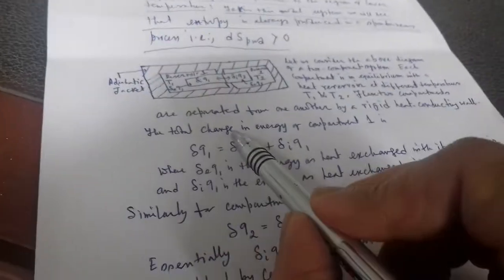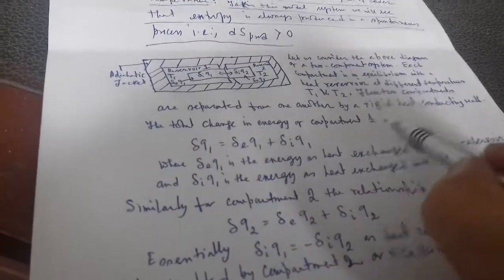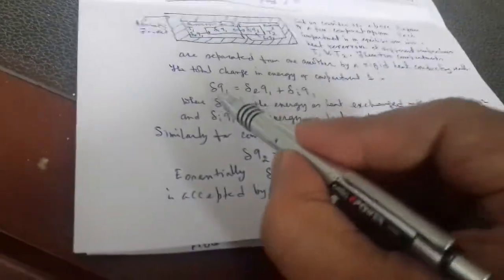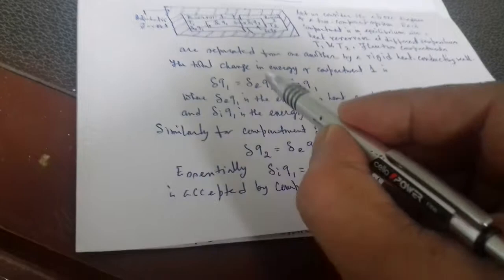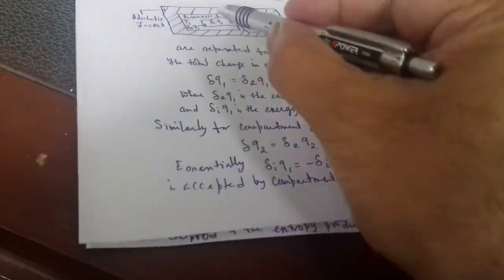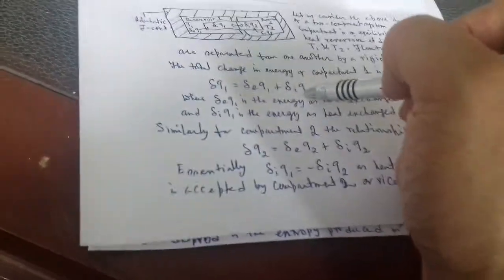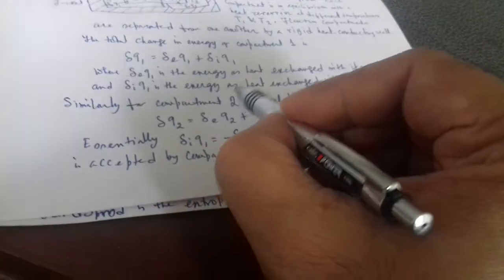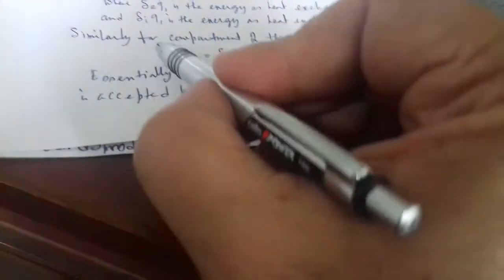The total change in the energy of compartment 1 is delta Q1, that is delta E Q1 plus delta I Q1, where delta E Q1 is the energy as heat exchanged with its reservoir, and delta I Q1 is the energy as heat exchanged with compartment 2. Similarly, for compartment 2, the relationship is delta Q2 equal to delta E Q2 plus delta I Q2.